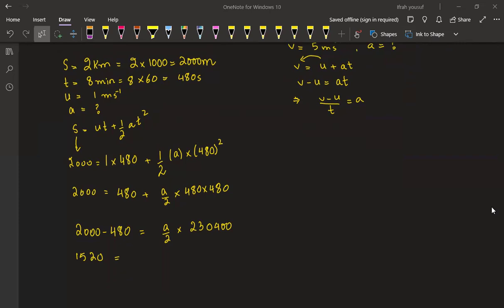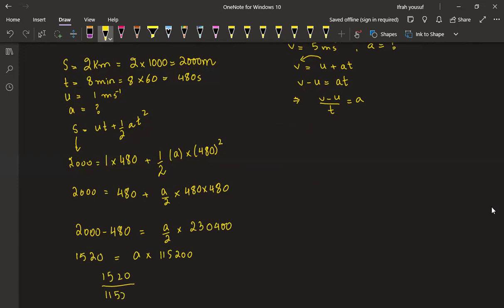If I divide 230,400 by 2, what will I get? It's 115,200, right? This is in the product, so I need to shift it to the denominator side.